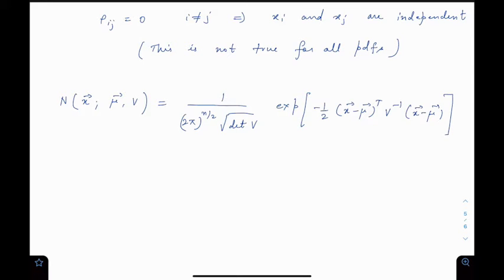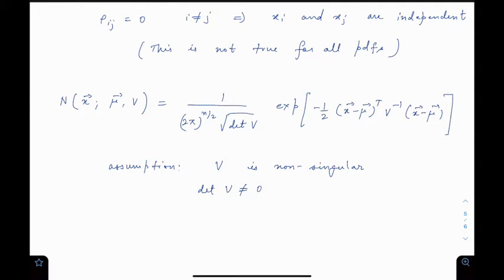And this is based on the assumption that V is non-singular. That is, determinant of V is not equal to 0.